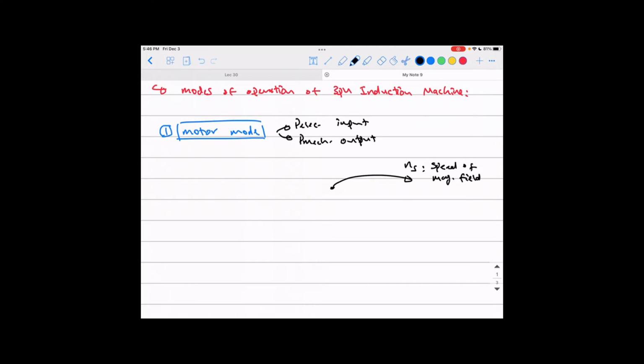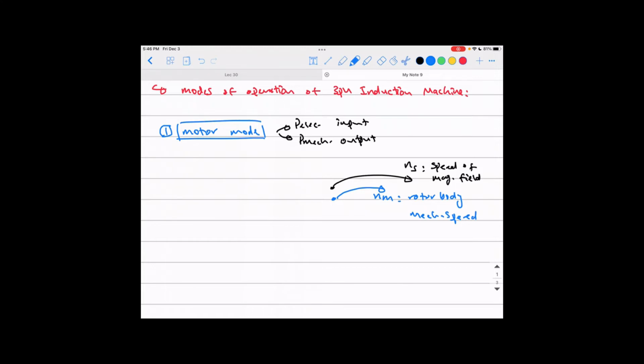That means the poles are rotating around the circumference of the machine at the synchronous speed. For the motor mode, the rotor actual speed is the mechanical speed of the rotor body.